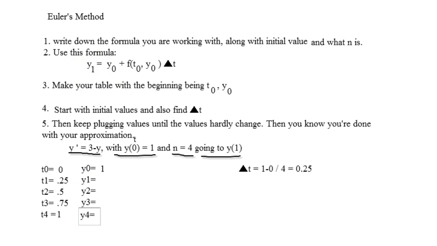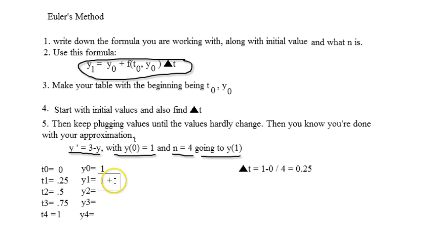Okay, so here's how this is going to work. This is the formula we're going to be working with big time. So this is basically saying the new value is equal to the old y value plus the function when I plug in the old y and t values, times delta t. Okay, it's as simple as that. So the initial y value is going to be 1.